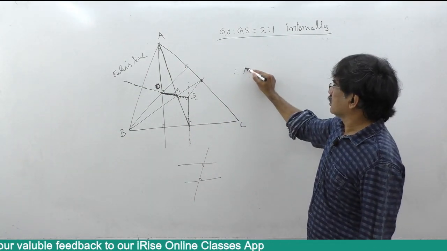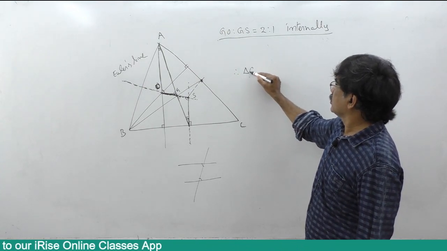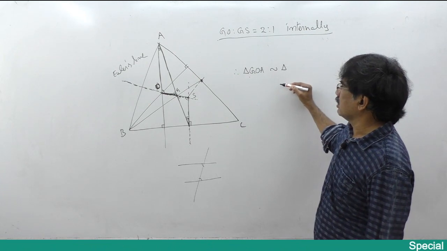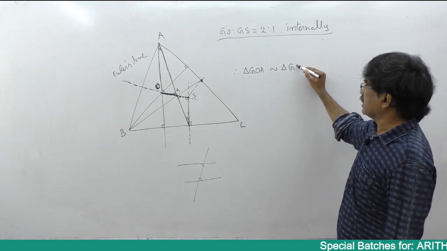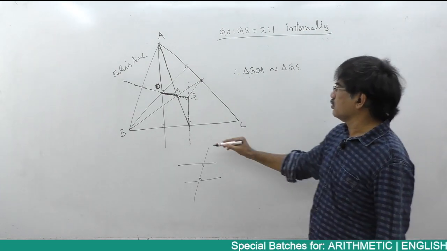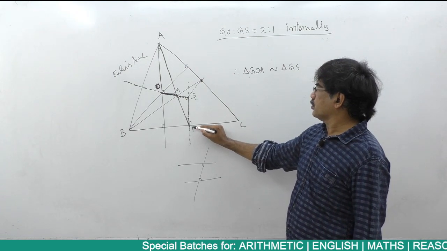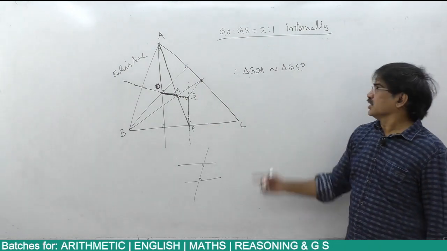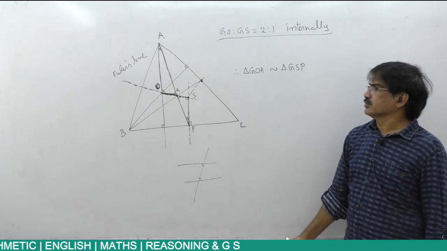Therefore, triangle GOA is similar to triangle GS, let it be some P. These two triangles are similar.